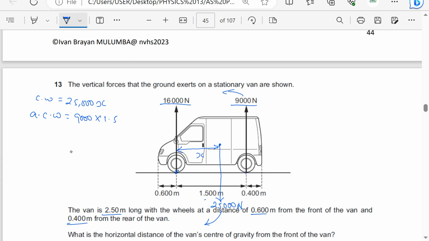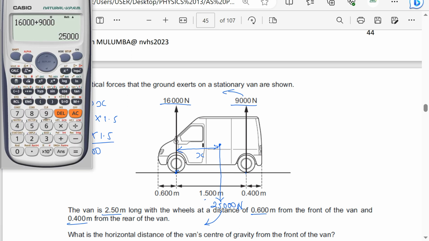So x is going to be equal to 9,000 times 1.5 divided by 25,000. So we have 9,000 times 1.5 divided by 25,000.